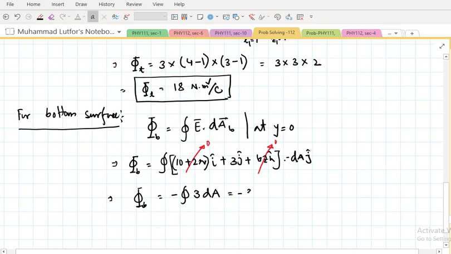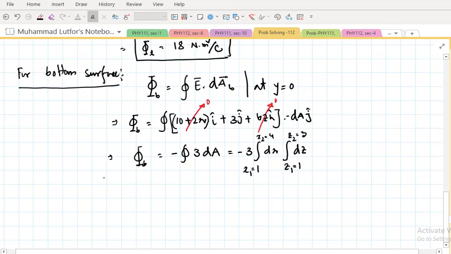Now this dA could be written as dx dz, where x goes from 1 to 4, and the z limit is 1 to 3, right?